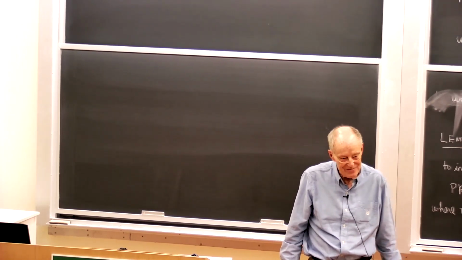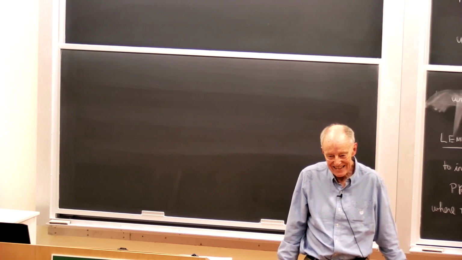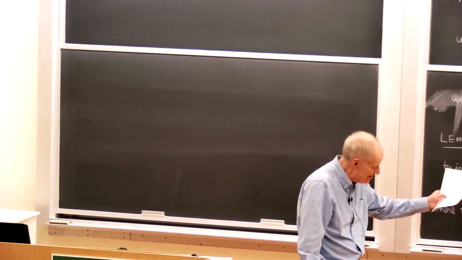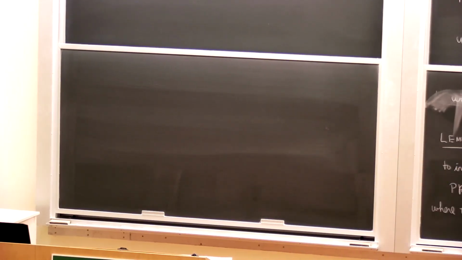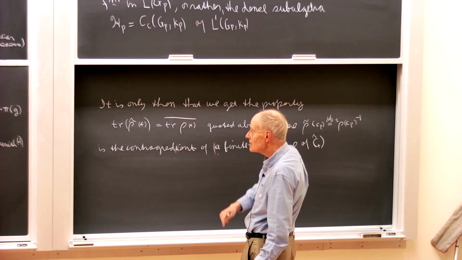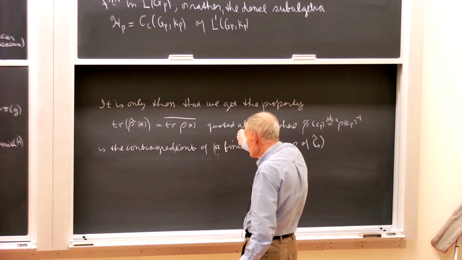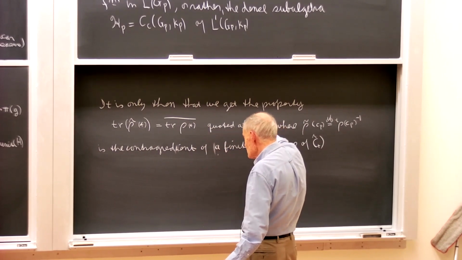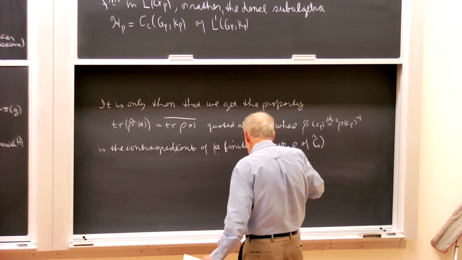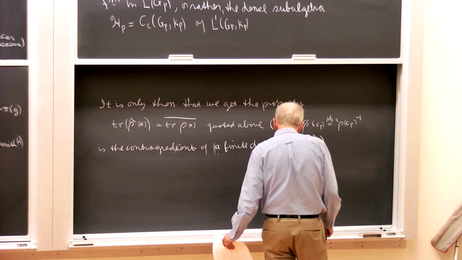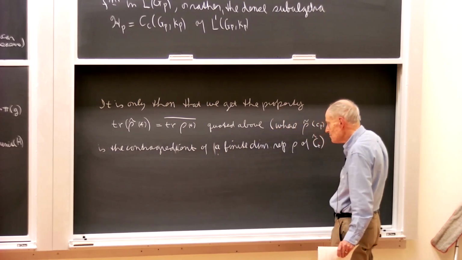I wasn't paying too much attention to the concert. I don't know whether I've completely gotten this straight, but this is the issue. It's simply not true that you can appeal to that if you're dealing with all representations. This is, after all, a different representation. This is a representation of the group G hat. It's not a representation of G_p.